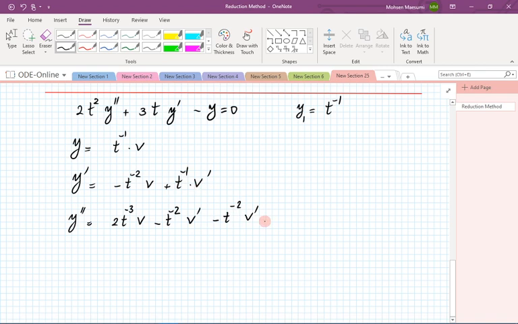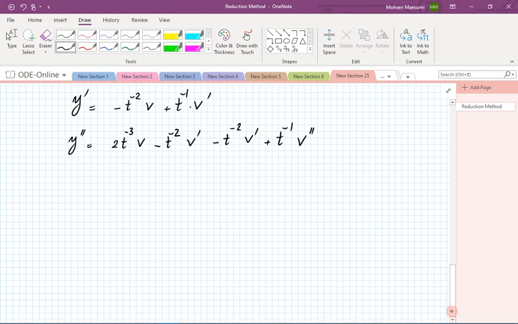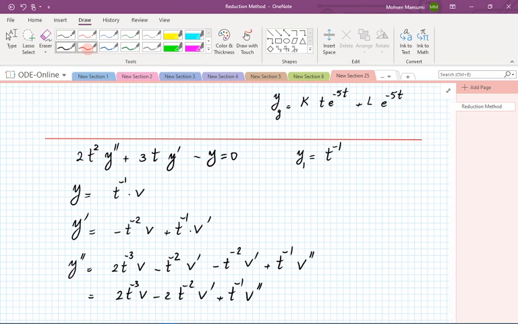Derivative of the second is going to be t to the power of minus 1 v double prime. Let's clean this up. The middle always doubles up: 2t to the minus 3 v, minus 2t to the minus 2 v prime, plus t to the minus 1 v double prime. Then how do we combine these three?